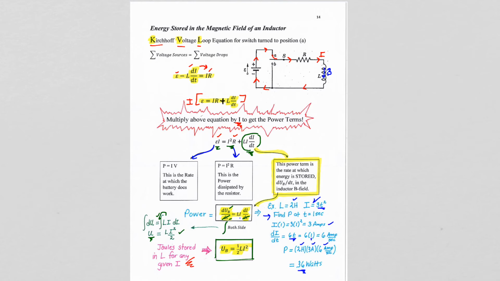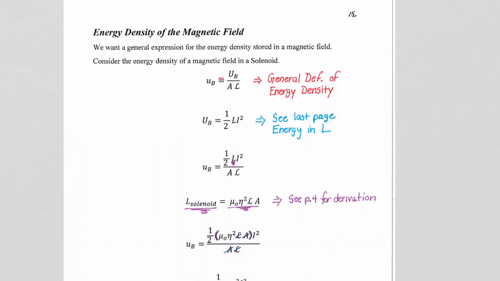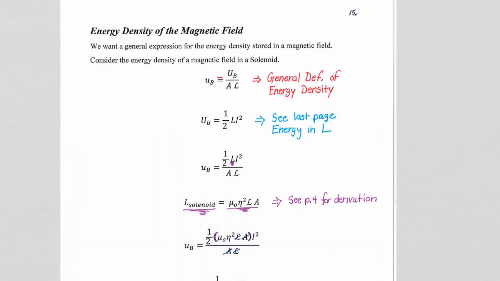We now can just perform some very simple algebra. I'll leave the whole page here for you to pause and take a look if you want, but we have some very simple algebra to get an energy density expression. So what do we mean by an energy density expression? Energy density, by definition, is the energy per volume stored in the magnetic field of the solenoid.